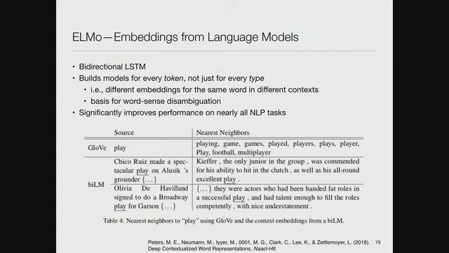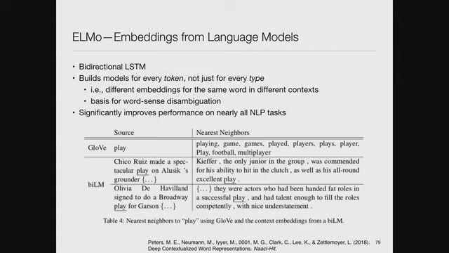So this is just an example. If you look at the word play in GloVe, which is a slightly more sophisticated variant of the Word2Vec approach, you get playing, game, games, played, players, plays, player, play football, multiplayer. This all seems to be about games, because probably from the literature that they got this from, that's the most common usage of the word play. Whereas using this bidirectional language model, they can separate out something like Kiefer, the only junior in the group, was commended for his ability to hit in the clutch as well as his all-around excellent play.